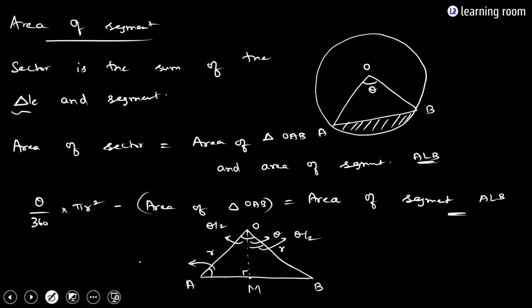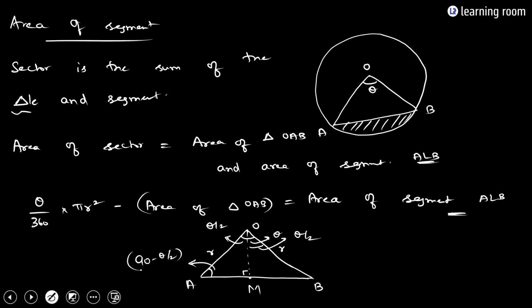Is it not 90 minus theta by 2? It is not 90 minus theta, the whole divided by 2. No, 90 minus theta by 2, because this OMA forms a right angle triangle. Is that clear?